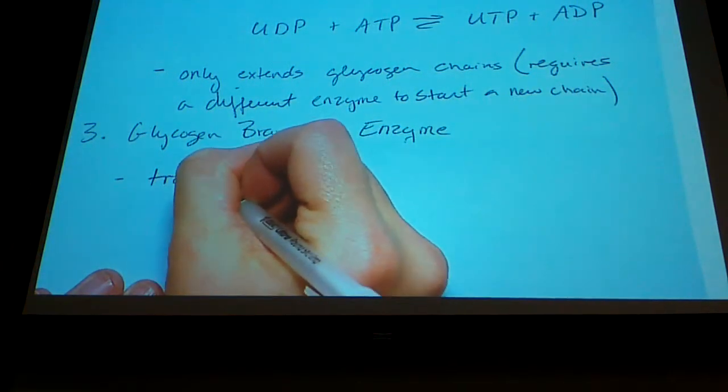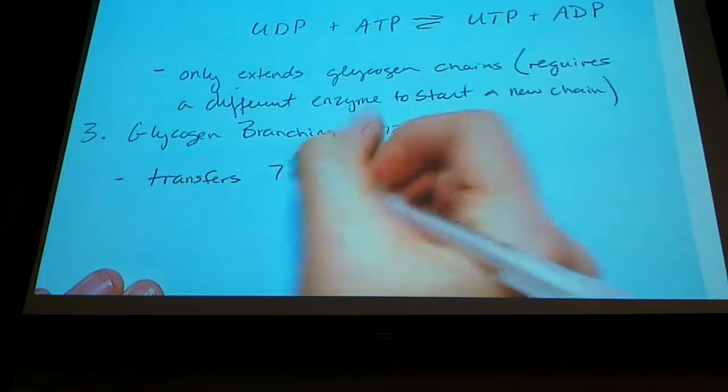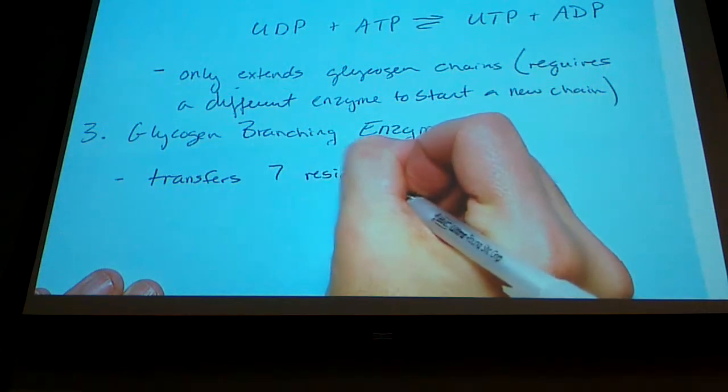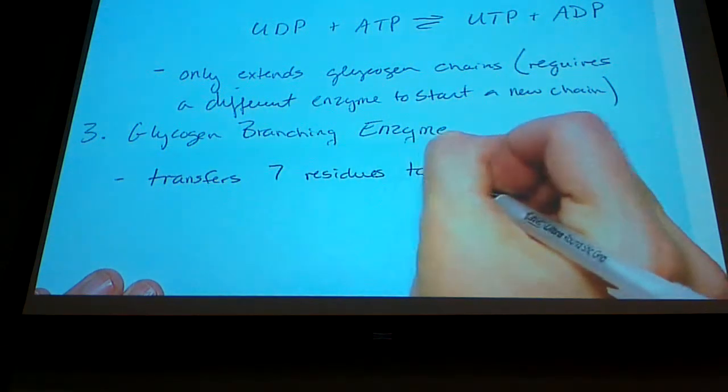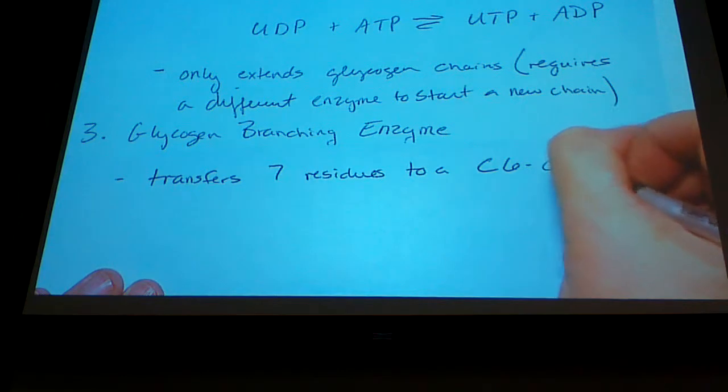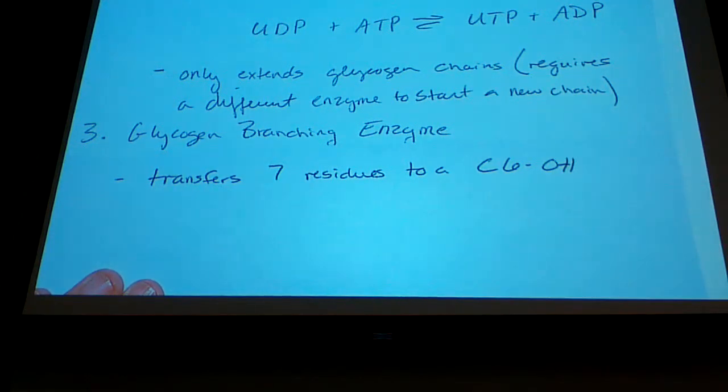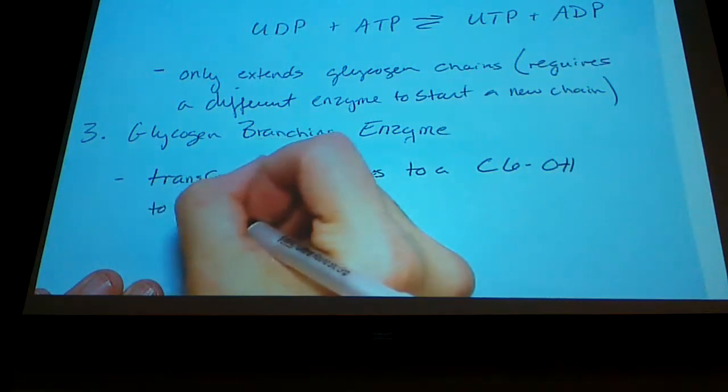So this transfers 7 residues to a C6 hydroxyl to start a new branch.